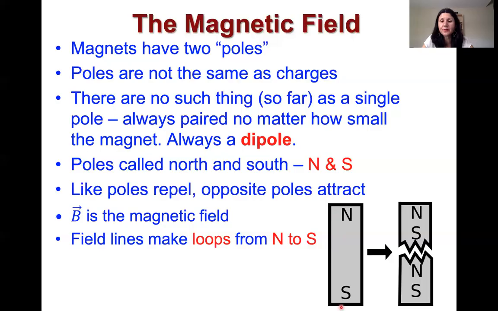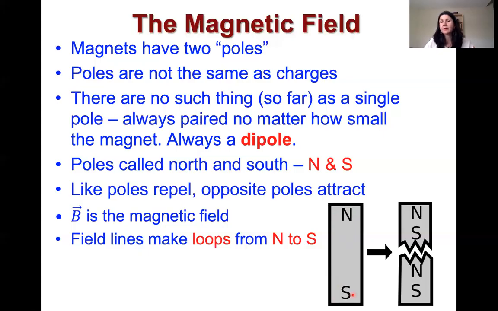It means that if you take your magnet and break it in half, you don't create a north pole magnet and a south pole magnet. With charge, you could do that. If you had a dipole, which had a positive and a negative side, and you separated that dipole, you would have a positive charge sitting here and a negative charge sitting here.